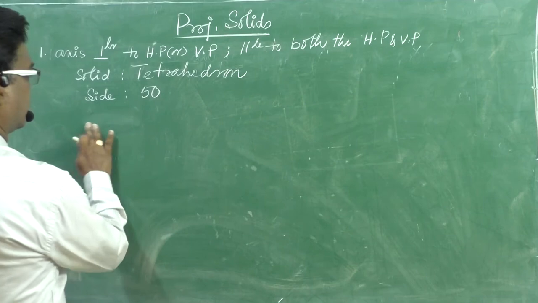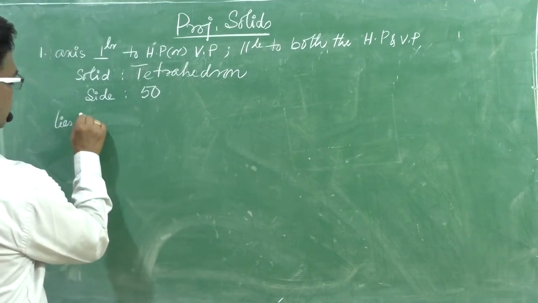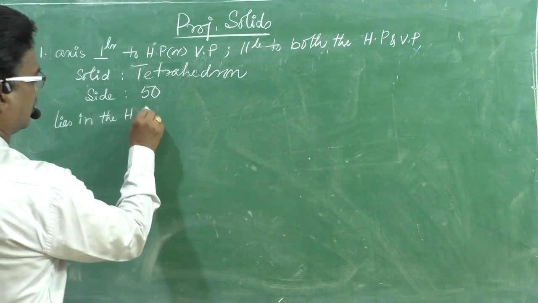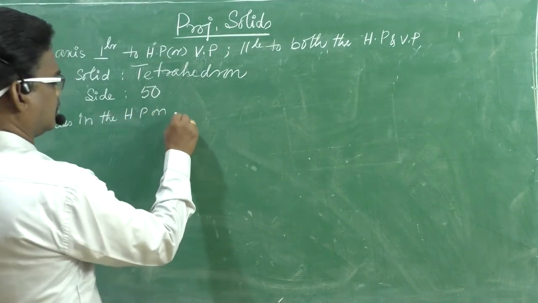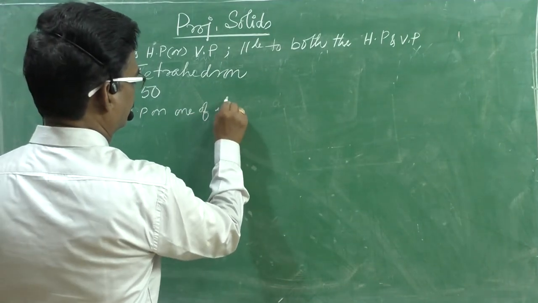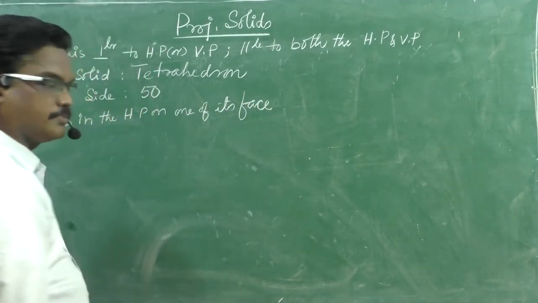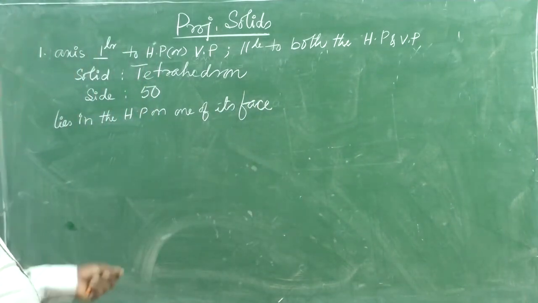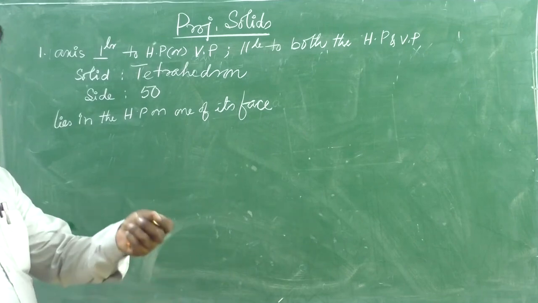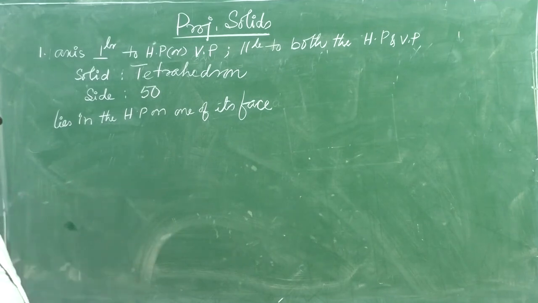The solid tetrahedron lies in the HP on one of its faces. Right. Next one. One side of that face, that means the face which lies in the HP, is parallel to VP.